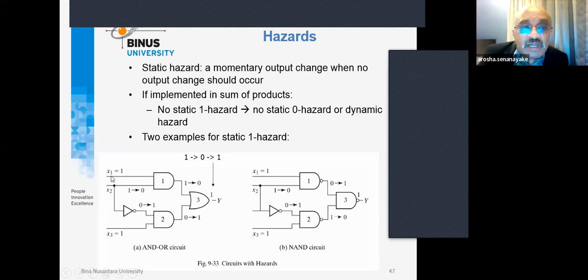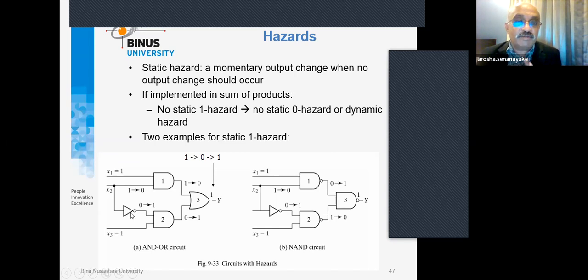For example, x1 is equal to 1 here, and then straightforward for this AND gate, there is no problem, no other gate involved. Therefore x2 is also present as 1 immediately. There is no delay. But unfortunately, when it comes to AND gate number 2, you can see it goes through a NOT gate. There is additional delay in producing output from the NOT gate.